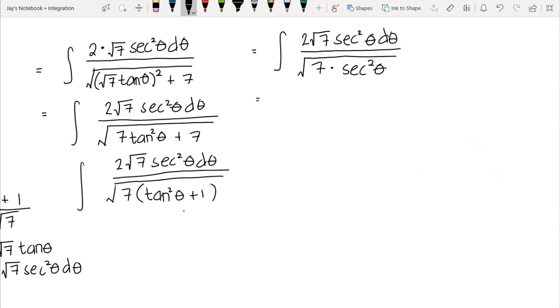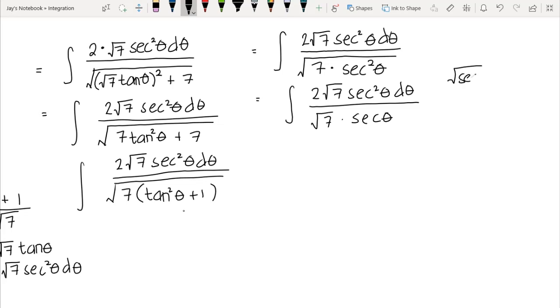And this will give us the integration of 2 square root of 7 secant squared theta d theta over square root of 7 times, now if we get the root of secant squared theta, that would give us secant theta, since we raised it to the second degree.